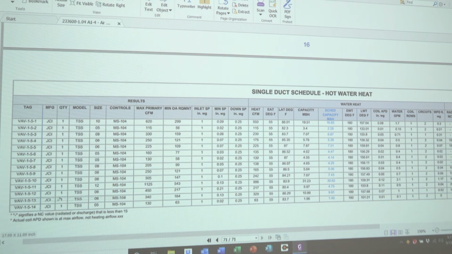As you go through this schedule, you'll see that each one of these VAV boxes has its own performance data.